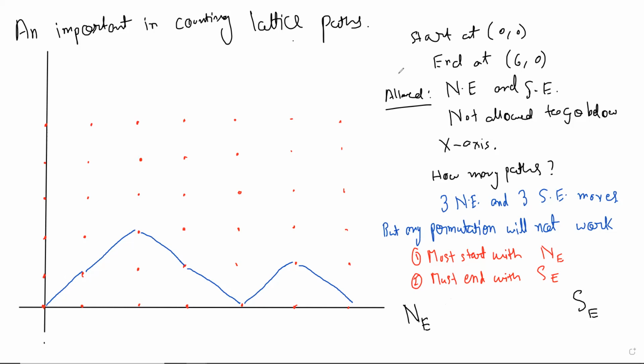After that, keep the northeast and the southeast. That will not work, right? For example, just to give a quick example, you cannot make 2 southeast moves after the first northeast. You will end up going below.